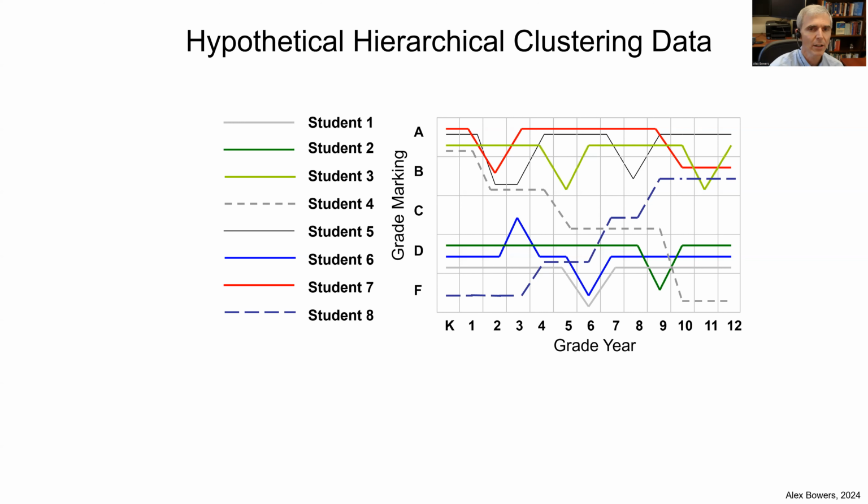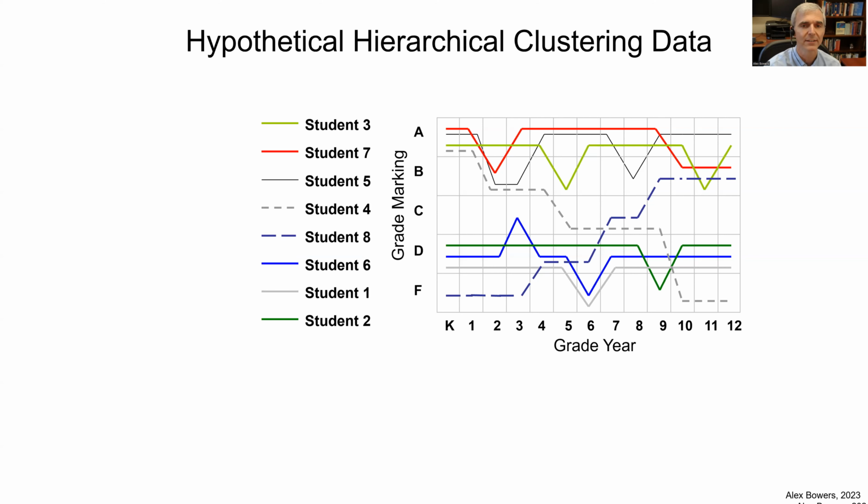So with cluster analysis, and hierarchical cluster analysis specifically, the first thing that happens is we reorder the list based on the similarity of the data patterns. So here you can see we've reordered the list based on hierarchical clustering, in which students 3, 7, and 5, who have similar data patterns, are now reordered in the list so that they're right next to each other.